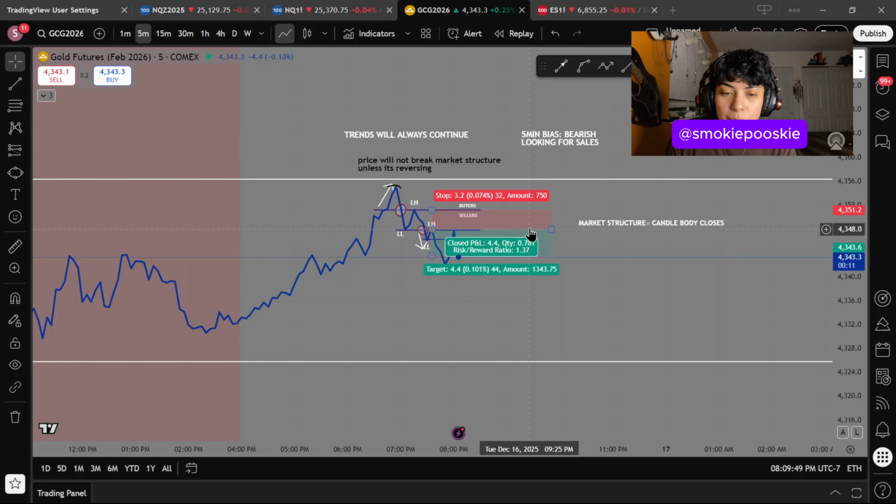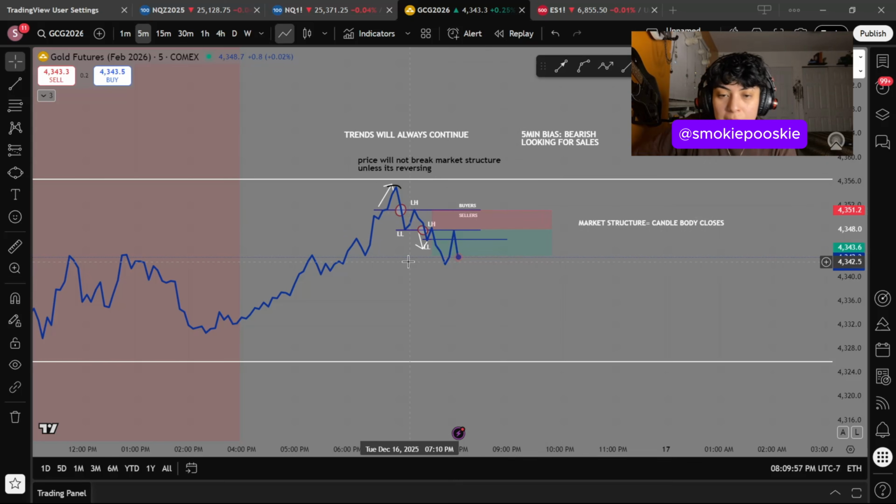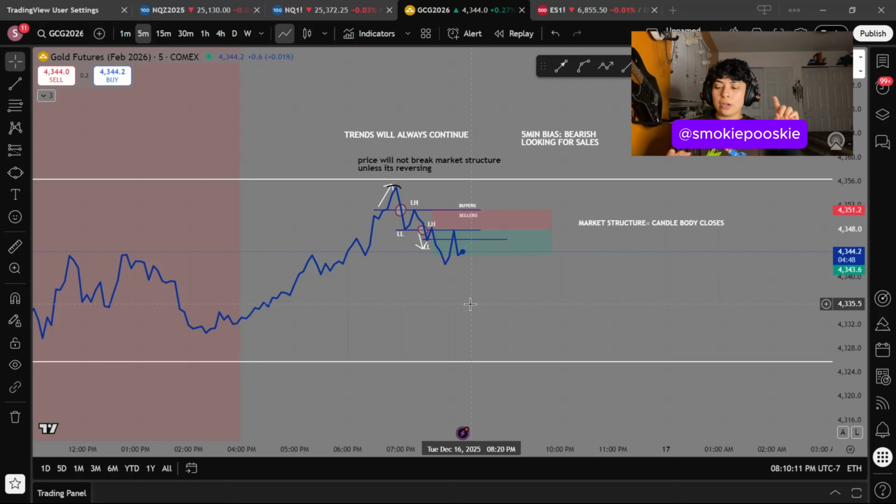A 1.3. Even though it's not super, oh my God, blah, blah, blah. Guys, you got a 1.3 with 0 drawdown, and your target was hit. What more? Stop looking at numbers. Stop looking at P&L and R&R.